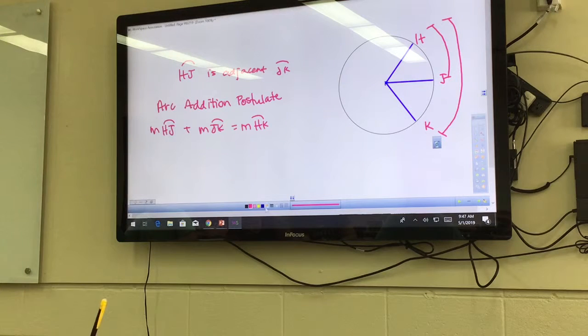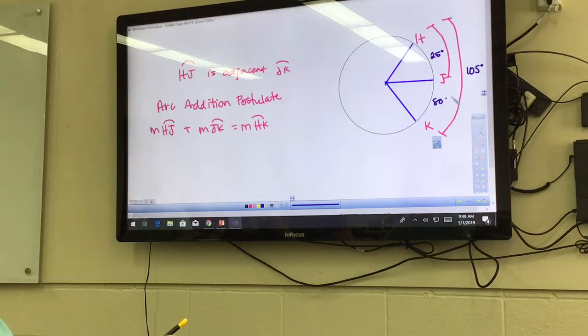So just real quick, if I tell us that HJ is 25 degrees and the entire arc is 105 degrees, not drawn to scale, could I find the measure of arc JK? It'll be 80, because you said 105 minus 25, and then this would be 80, just by using the arc addition postulate.